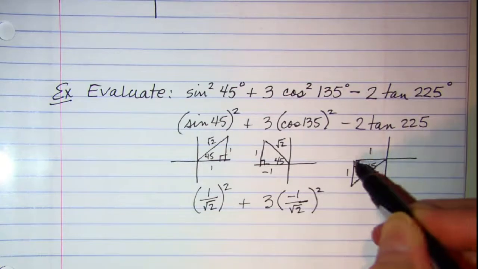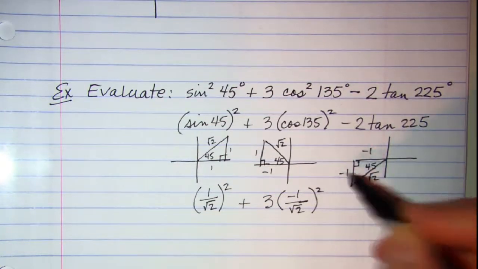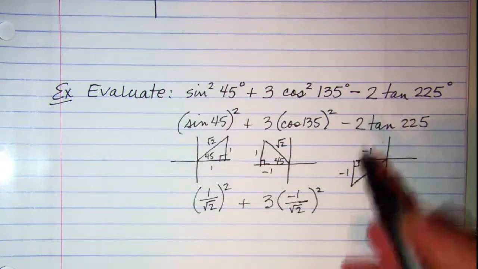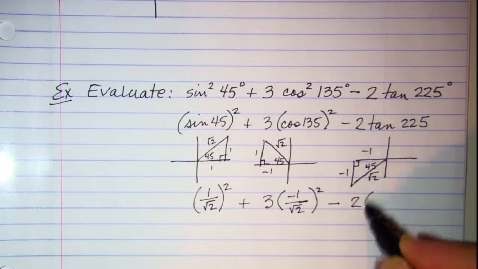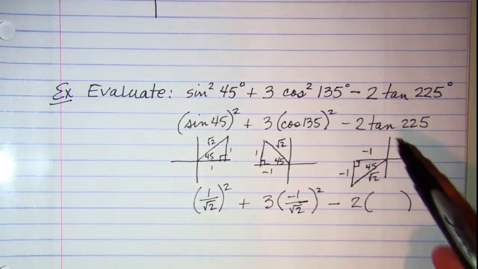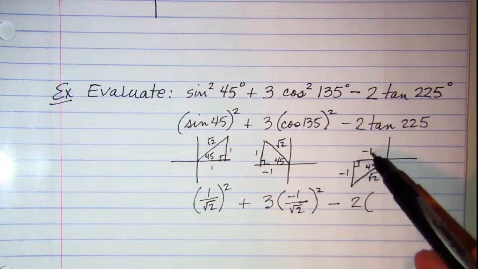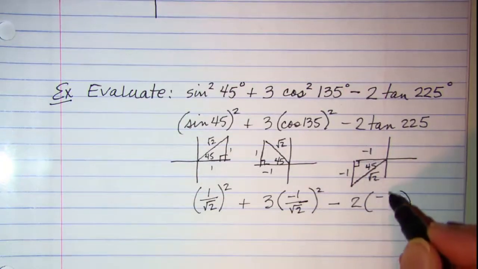Since I'm going left here, this will be a negative 1, and since I'm going down, this will also be a negative 1. So in this expression now I need minus 2 times, and my tangent of this angle will be opposite over adjacent, so negative 1 over negative 1.